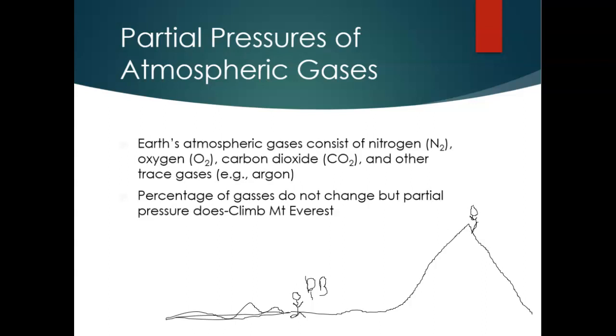Okay, and that should make sense because this guy is being affected by all the gas molecules that are above him. There are way more gas molecules above him when he's at a lower elevation than when he's at a higher elevation. So that atmospheric pressure for him is higher down here at sea level than it is for him up here on the top of Mount Everest.